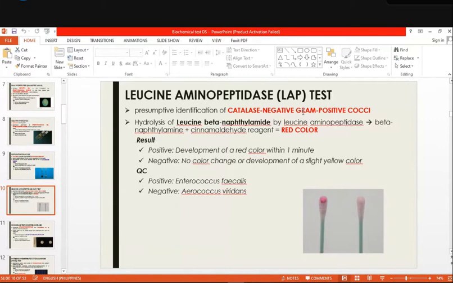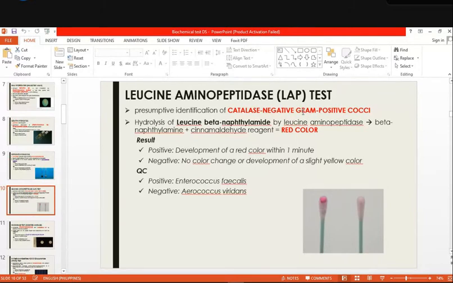Okay? So, the practical application here, of course, will be to detect the presence of the enzyme leucine aminopeptidase for the preliminary characterization of your catalase negative, gram-positive cocci, especially the non-beta hemolytic cocci.